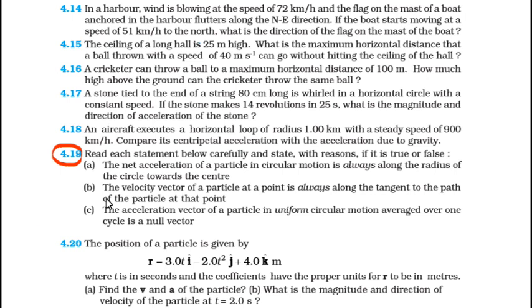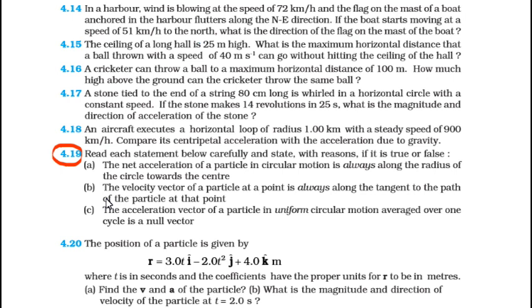So we are doing 4.19 now. Read each statement below carefully and state with the reason if it is true or false. A. The net acceleration of a particle in circular motion is always along the radius of the circle towards the center.